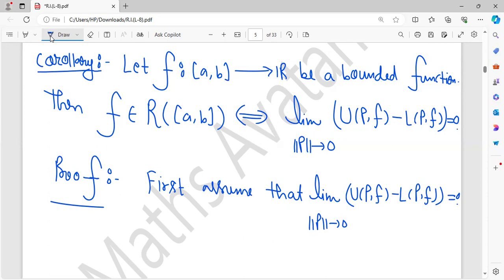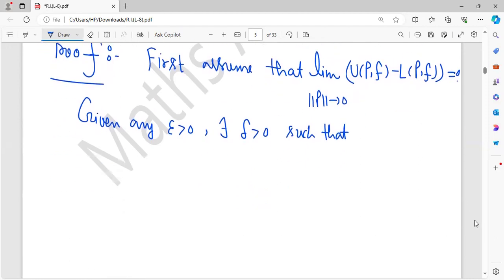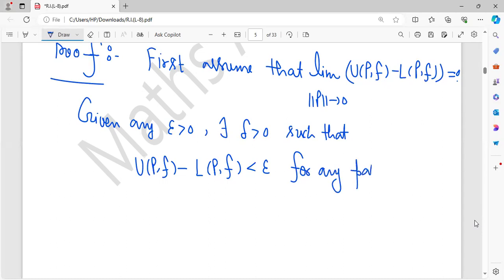It means given any epsilon greater than 0, there exists delta greater than 0 such that UPF minus LPF is less than epsilon for any partition P of [a, b] with norm of P less than delta.